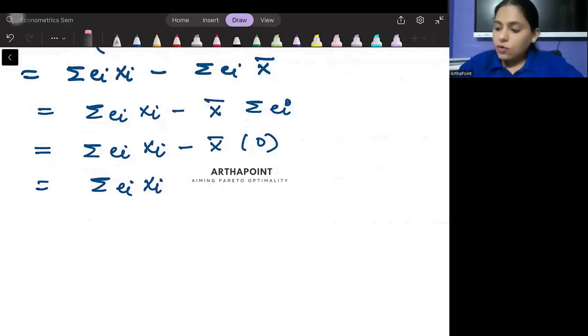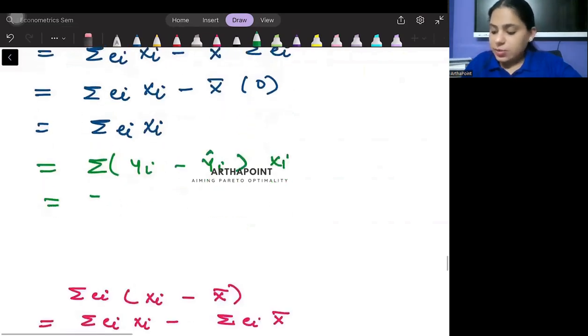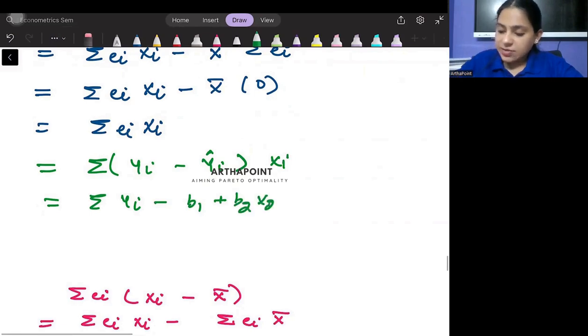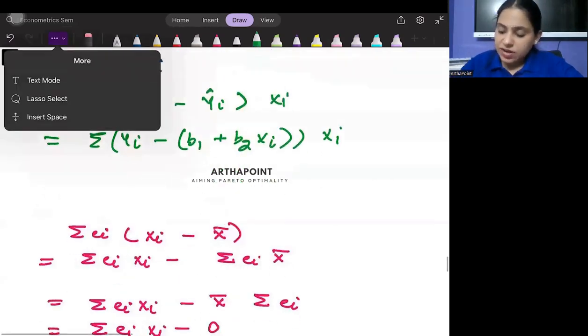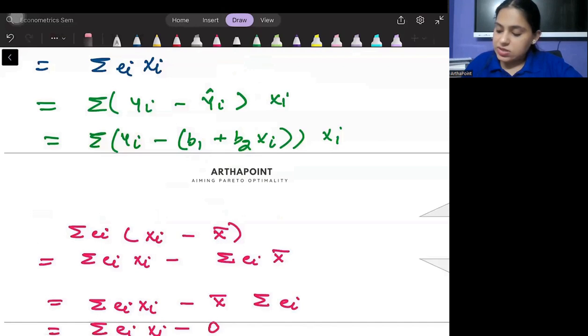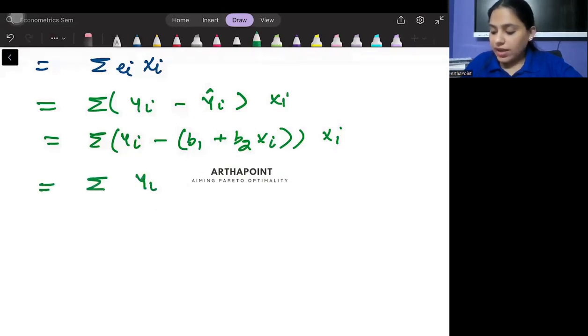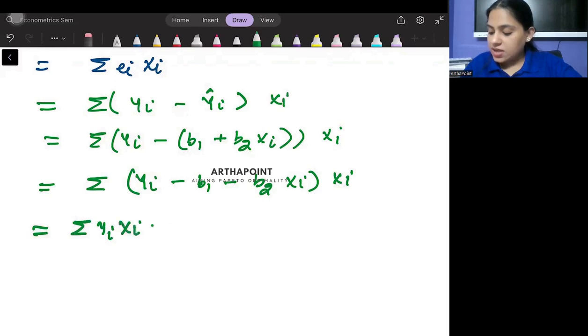Now, we know that the error term can be written as the difference between the actual and predicted value of yi, and the predicted value of yi is nothing but b1 plus b2 xi. So this is going to be summation (yi minus b1 minus b2 xi) into xi, which is summation yi xi minus b1 xi minus b2 xi square.